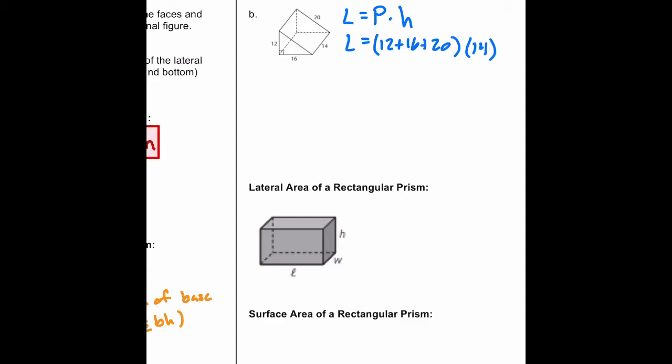Remember, the triangles are the top and the bottom, so this thing has actually been pushed over sideways here. And so now I can go ahead and evaluate this. It's going to give me 48 times 14. Okay, and I can multiply those two together to get the lateral area, which would be 672.